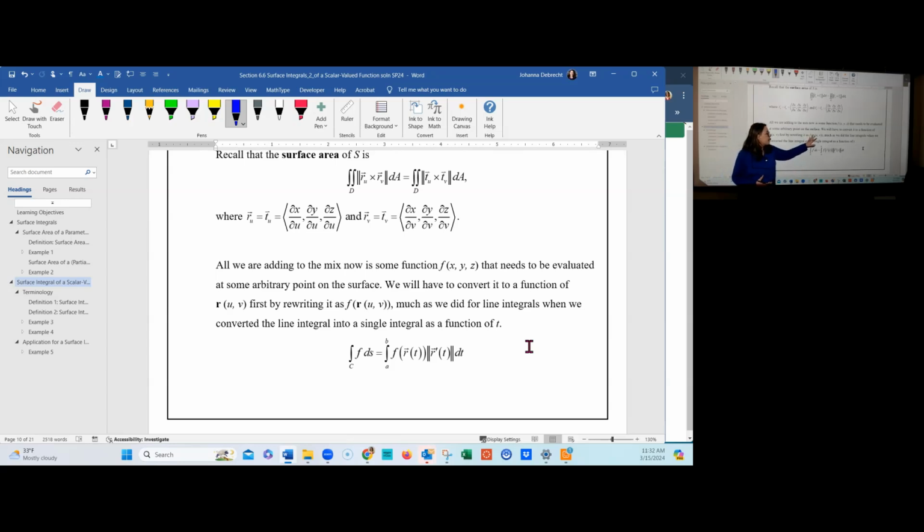So I'll have to compute f of r of u and v, much the way we did with line integrals when we converted a line integral of f with the arc length differential ds into a single integral with respect to the parameter t by rewriting the function as f of r of t. We're going to do the same thing and parameterize our function by writing f in terms of the parameterization.